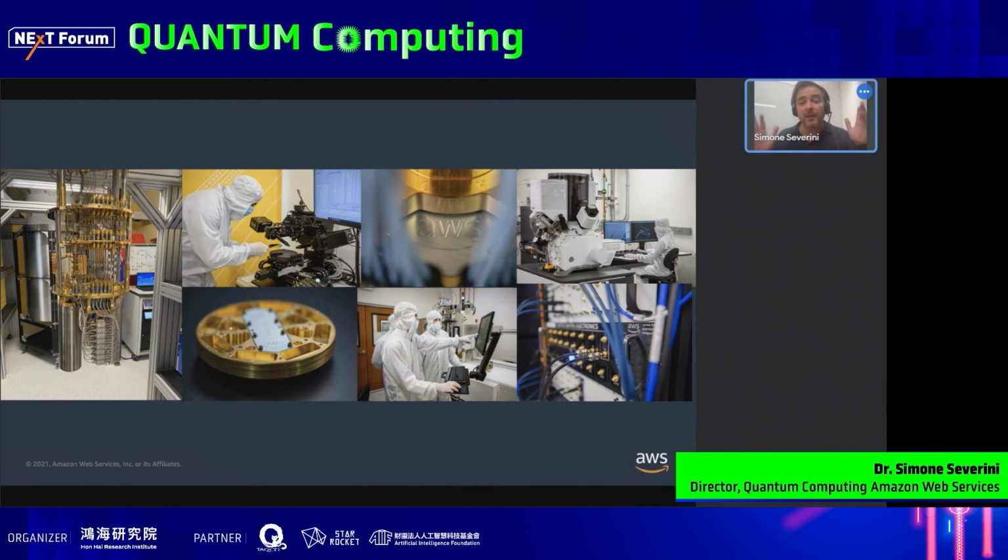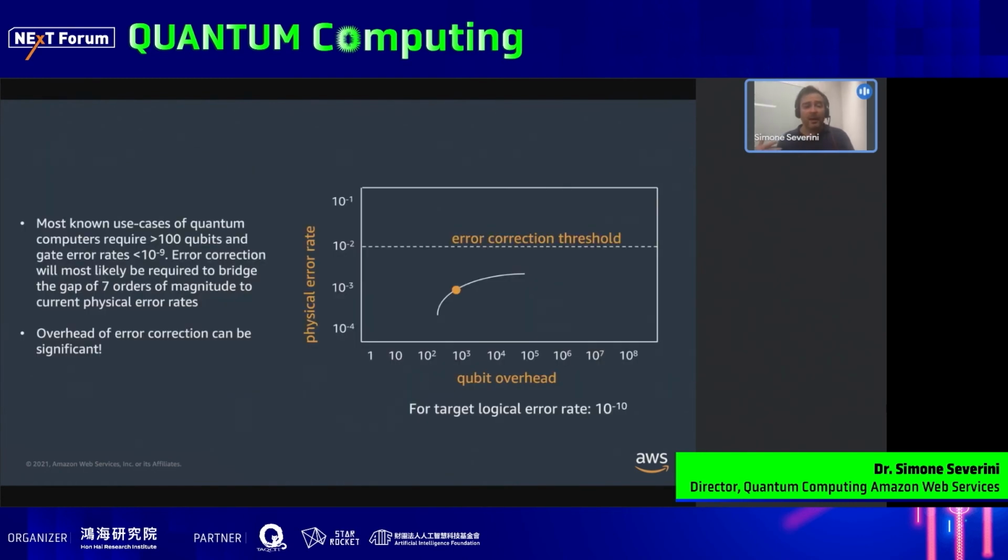We believe that error correction is really, really important for quantum computing, and we are investing resources in the long run to achieve something related to fault-tolerant quantum computers, something that we hope can benefit on one side science, on the other side business. And let me tell you briefly about quantum error correction.